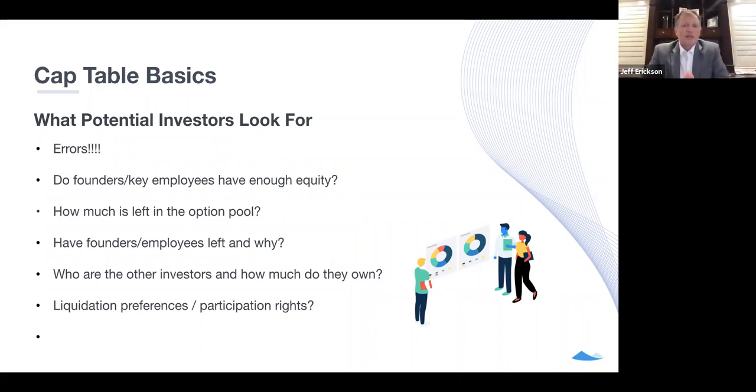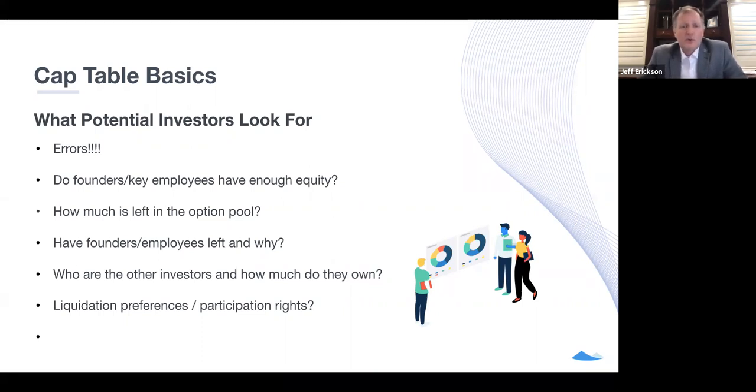So, what are some of the things that an investor might look for when they ask for your cap table? One of the first things they might look for are errors. Are you doing a good job of having stewardship over the equity that's been entrusted to you as a founder? If they see errors, that's going to throw up some red flags in terms of potentially even your management ability.